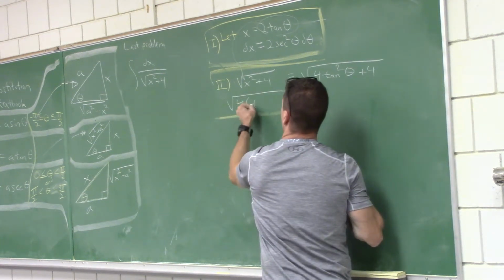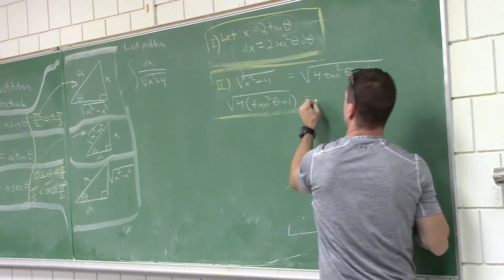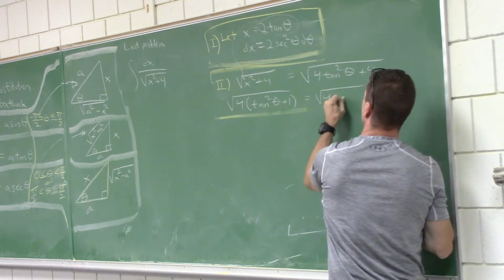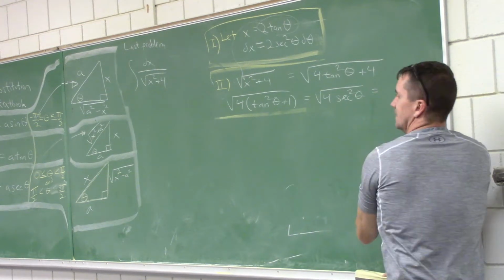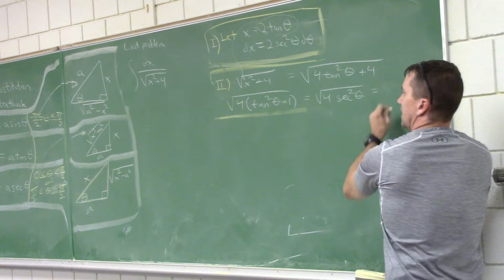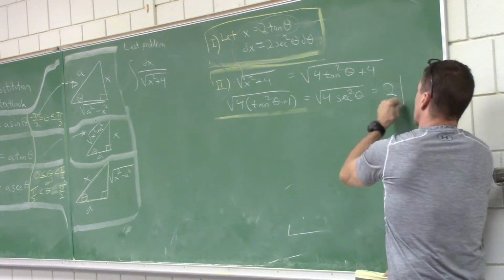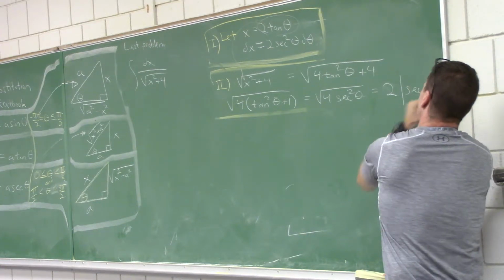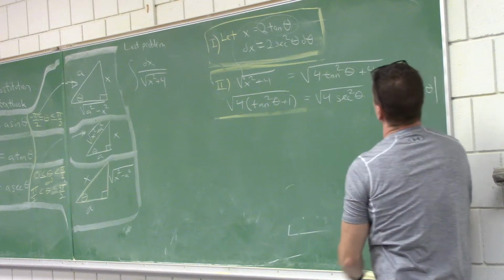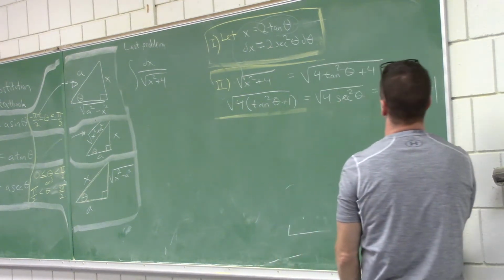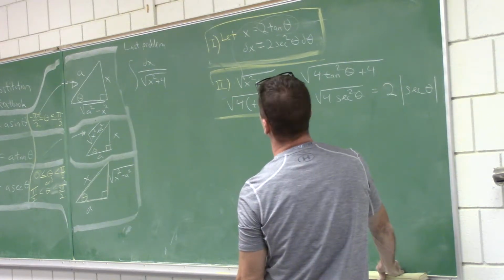All right. Anybody know the trig identity for tangent squared theta plus 1? Secant squared theta. Here I come, the math geek. This is equal to the square root of 4 secant squared theta, but in terms of this, what do we get there?